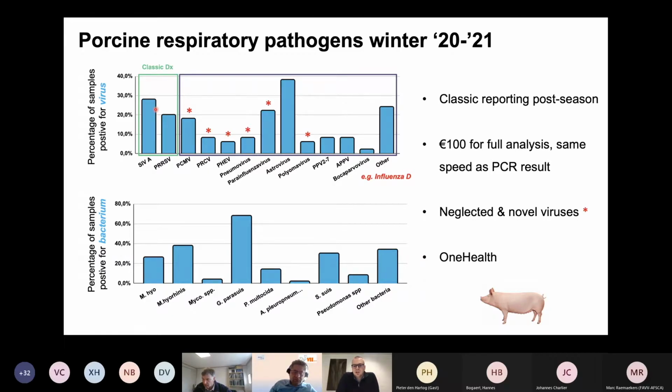And I think this is really interesting because we also pick up a lot of neglected and novel viruses, of which some can really have a potential pathogenic influence. We see here cytomegalovirus, coronaviruses, PRCV, porcine hemagglutinating encephalomyelitis virus.